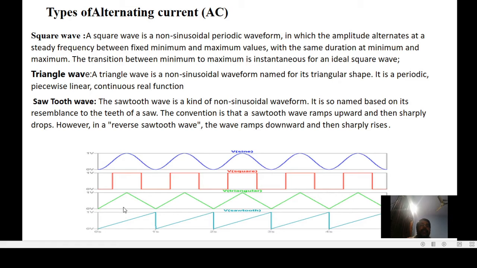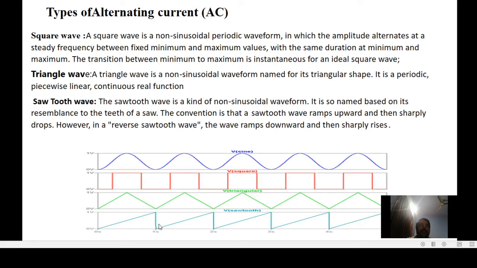Next one is the triangular wave. The triangular wave is a non-sinusoidal waveform named for its triangular shape. It's a periodic, piecewise linear, continuous real function. Next one is the sawtooth wave. The sawtooth wave is also a non-sinusoidal wave.